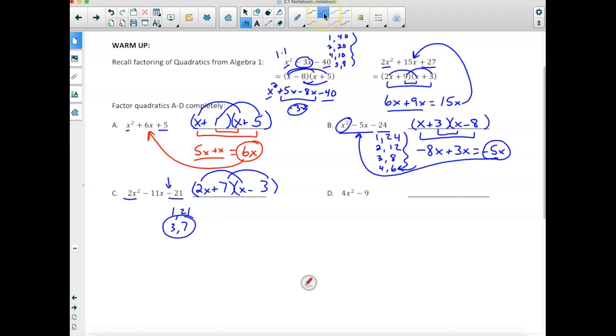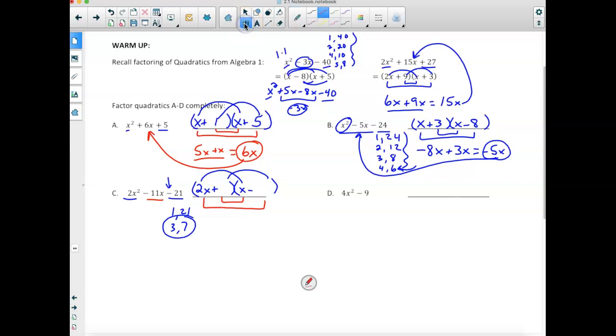But the kicker is, do my outer terms: 2x times negative 3, that's negative 6x. 7 times x gives me positive 7x. That gives me just plain x. Is that what I need in the middle? Absolutely not. So that makes me come back and erase those. That means 7 couldn't go there, 3 couldn't go there.